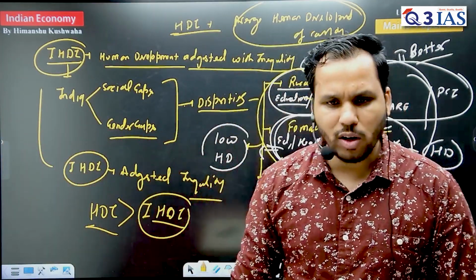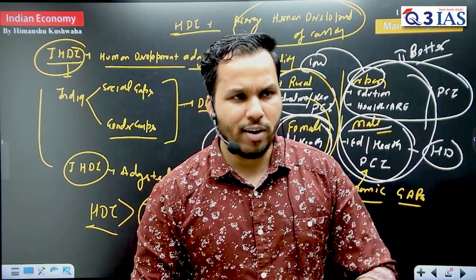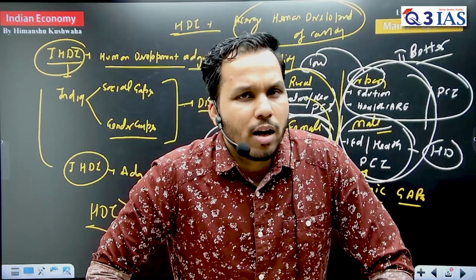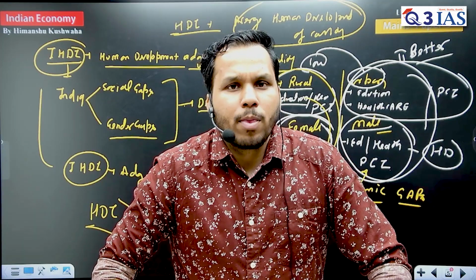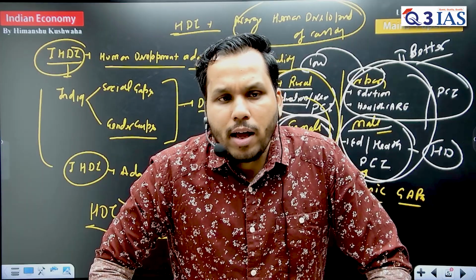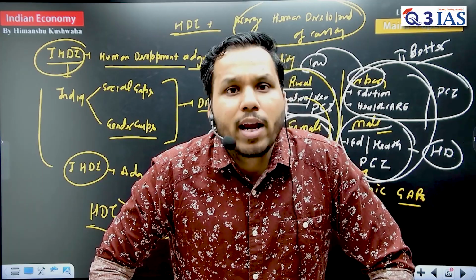Let's take one more example. If we talk about regional disparities, Bihar comparatively has lower human development compared to Kerala.